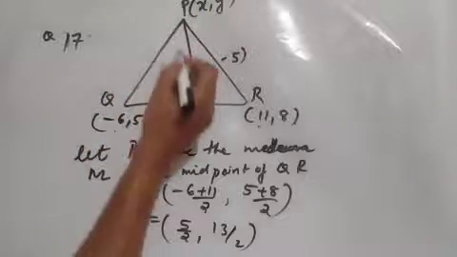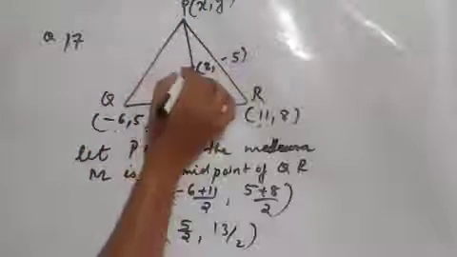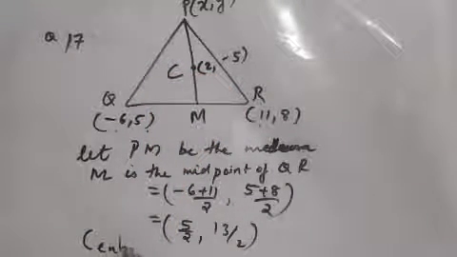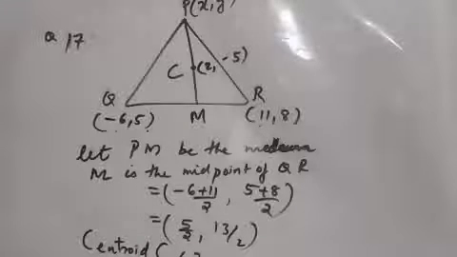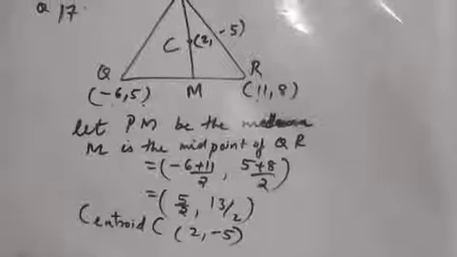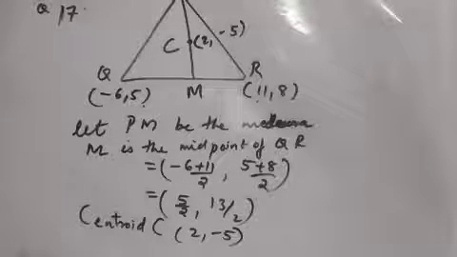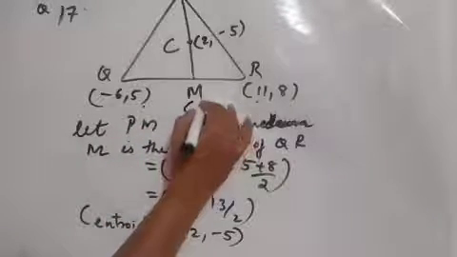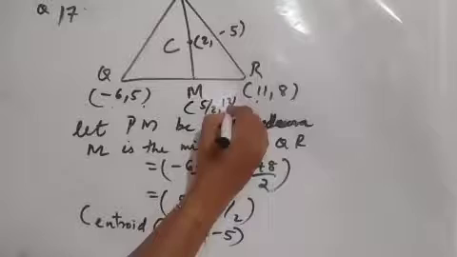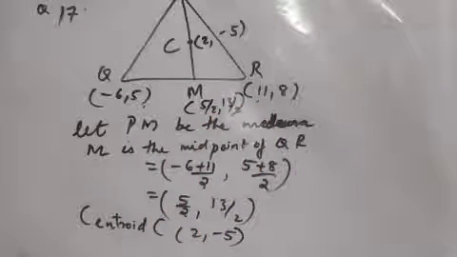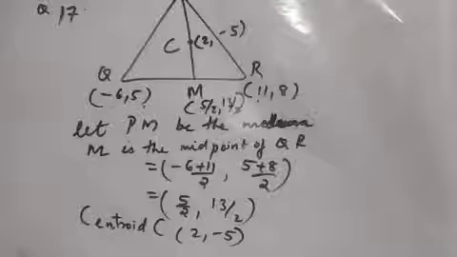And P we don't know, but we know the centroid. Let the centroid be C, (2, minus 5). And M is also there, that is (5 by 2, 13 by 2) are the coordinates of M. By using the section formula, we can find the coordinates of P. How can we obtain P?